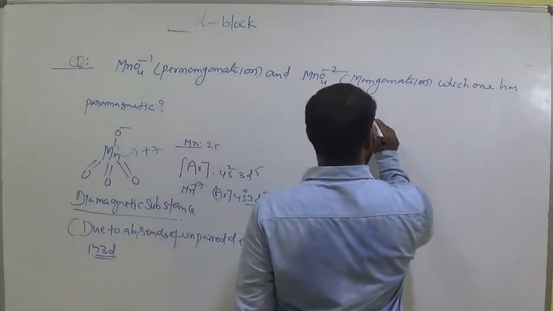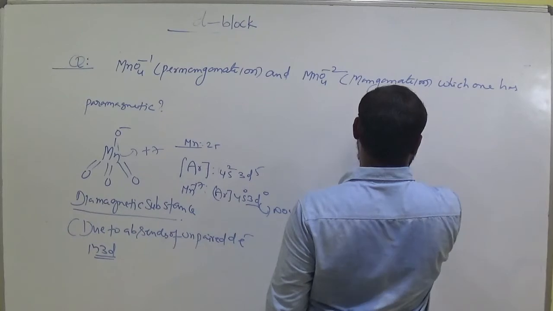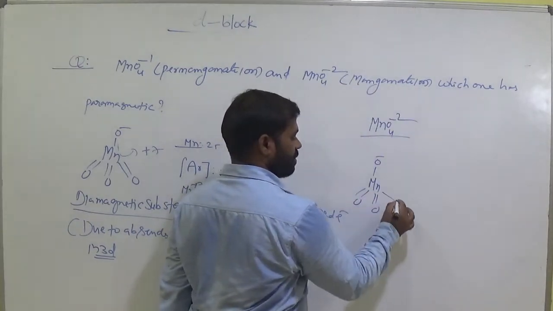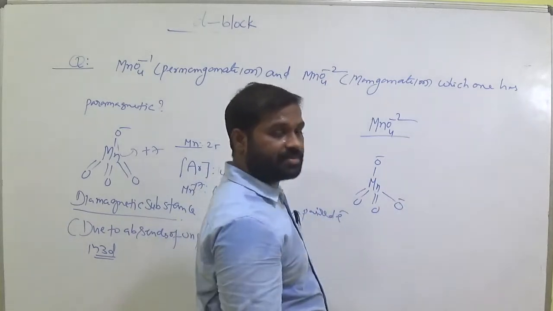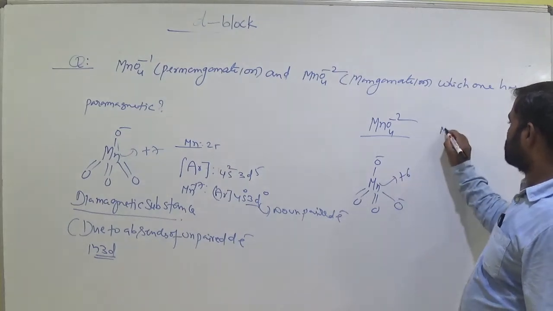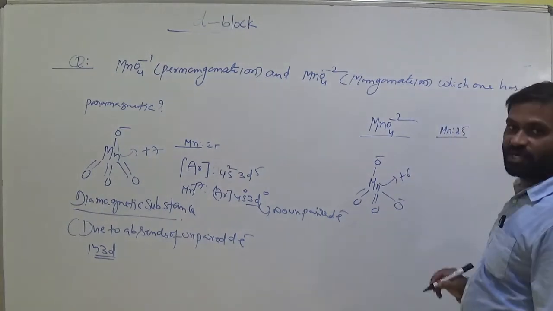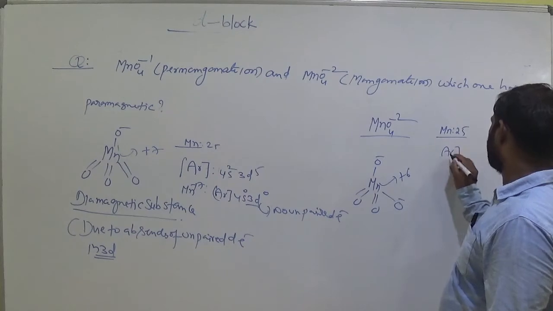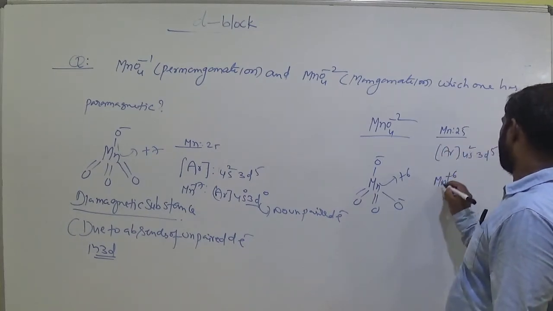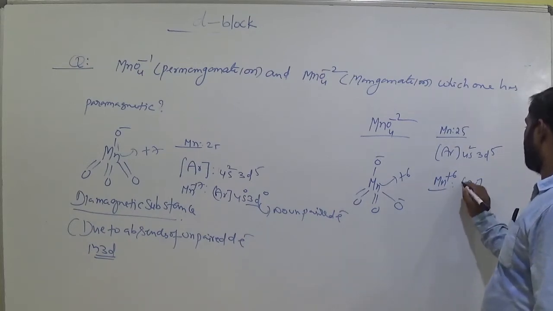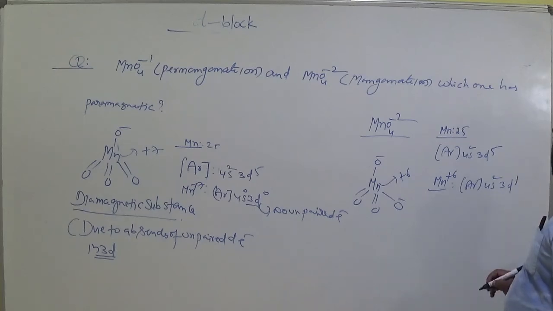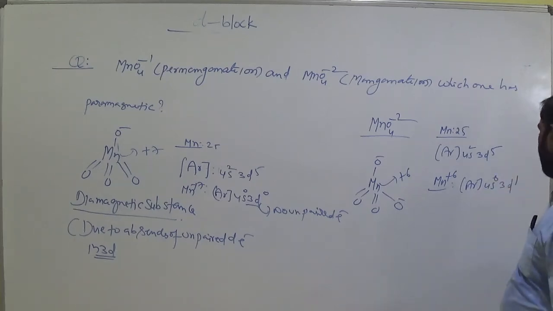Okay, so what about MnO4 2 minus? What is the central atom here? Manganese. Clear? And let's see what the oxidation state is in MnO4 2 minus. Here it is +6. Am I right? Manganese has atomic number 25, and its electronic configuration is argon 4s2 3d5. What about Mn+6? Mn+6 has argon 4s0 3d1.